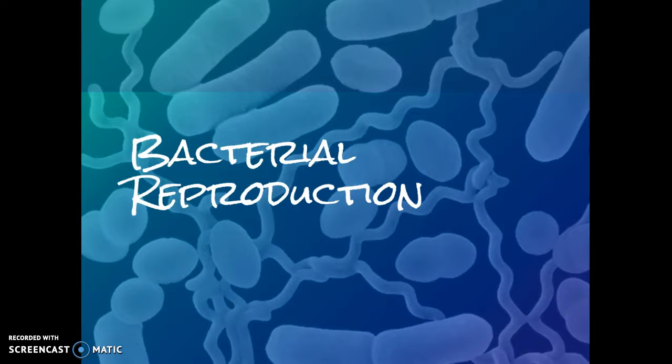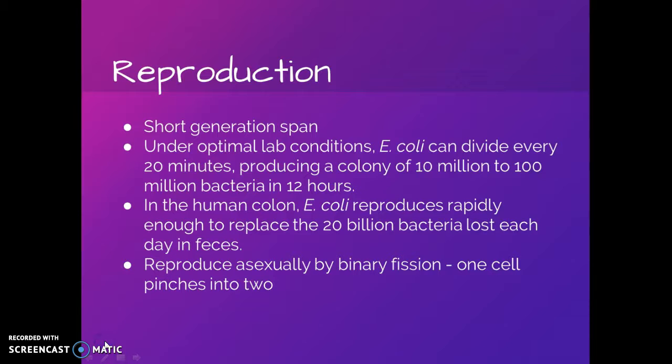With all the bacteria around us and in us, it's no surprise that bacteria are constantly reproducing. They have an incredibly short generation span, meaning they live for a short period of time and they reproduce very rapidly.